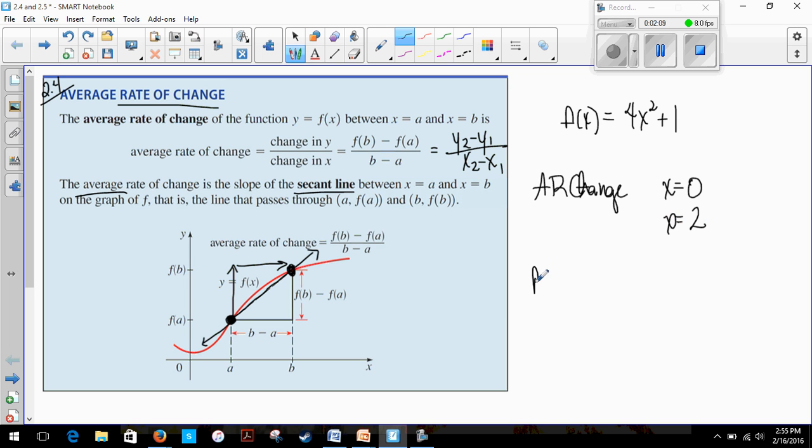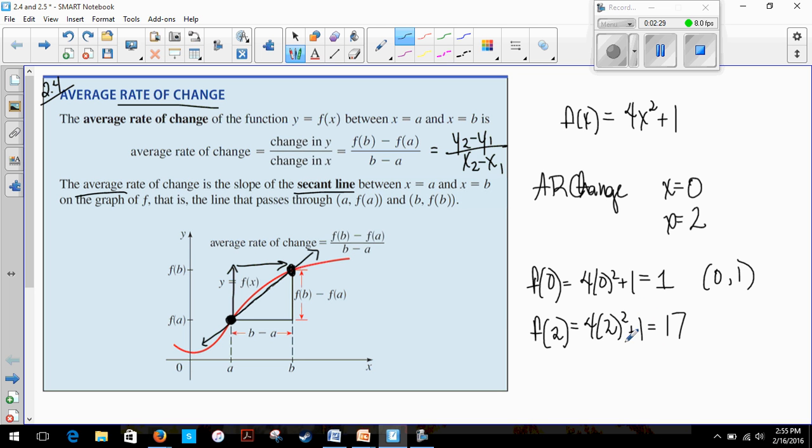I can say, well, when I plug in a 0, I get out a 1. And so one point on that curve is (0, 1). And when I plug in a 2, I will get out a 17. Right? Because 2 squared is 4, times the number 4 is 16, plus 1 is 17.